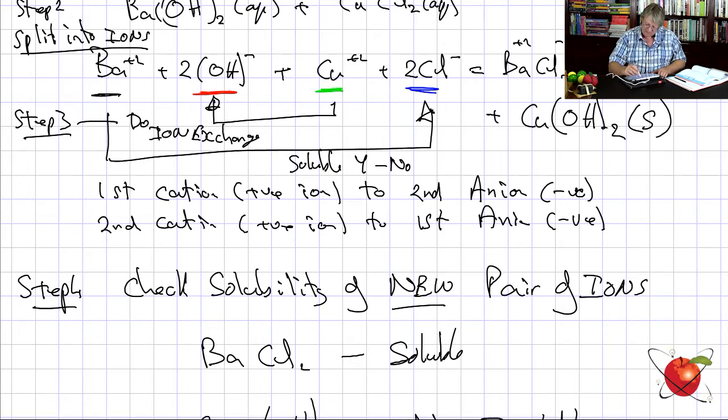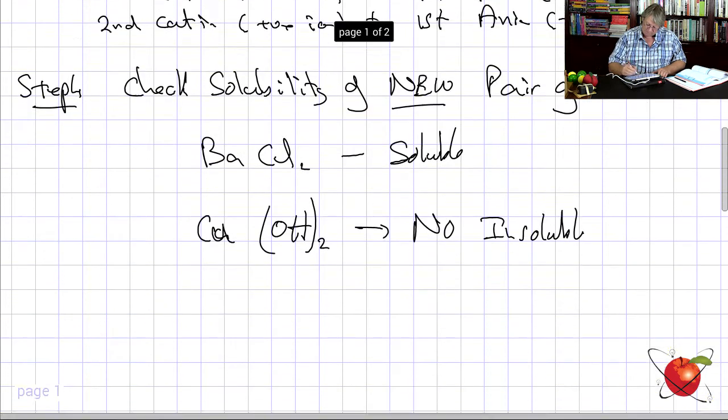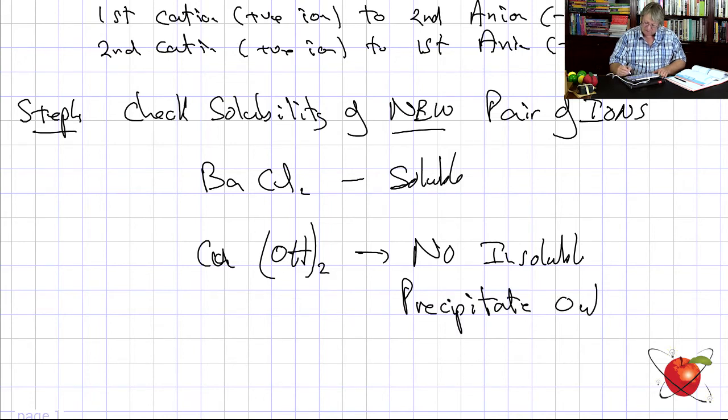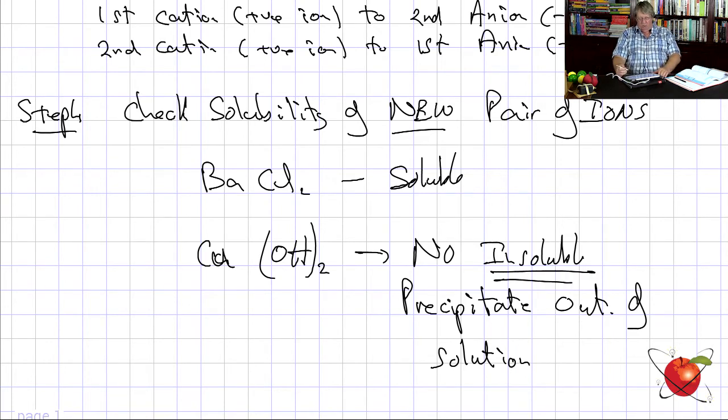It is going to precipitate out of solution. It's insoluble. It can't live in the water. So it precipitates out. Okay?